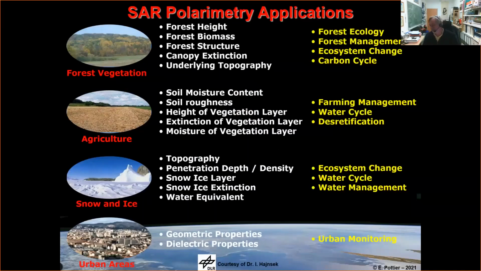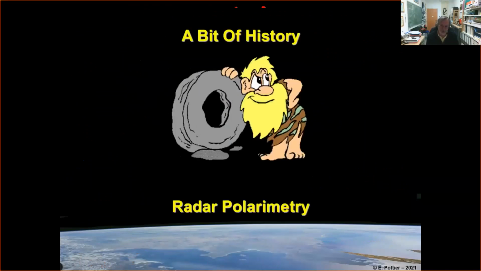Because, as I said previously, you are going to deal with the full vector representation of the wave. So by definition, you will get more information. So by definition, you will improve the reconstruction of all these parameters. So this is why it's very useful to have fully polarimetric SAR sensors, airborne or spaceborne, whatever, but fully polarimetric sensors. Okay, so now let's start with a bit of history about radar polarimetry.